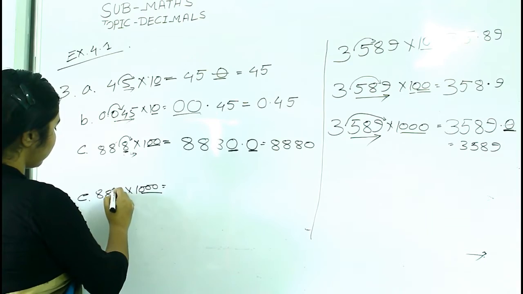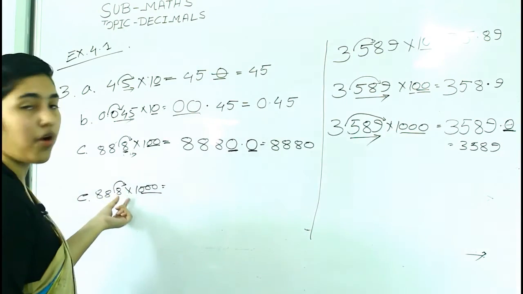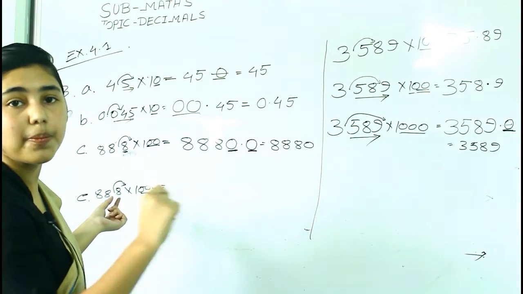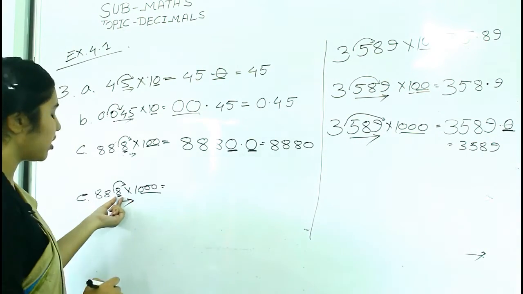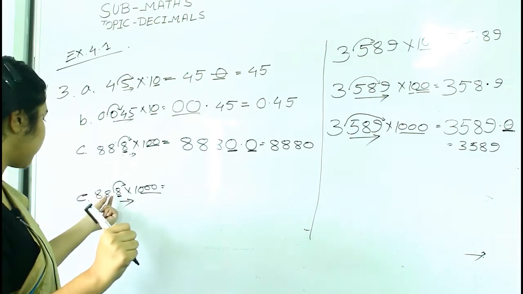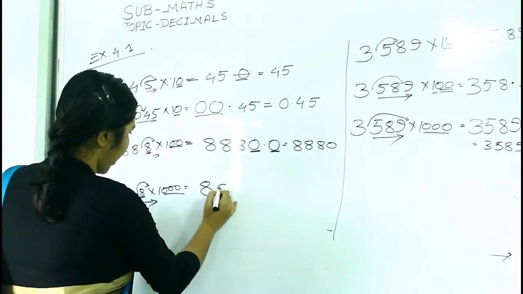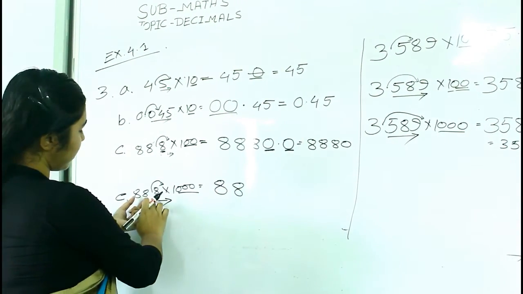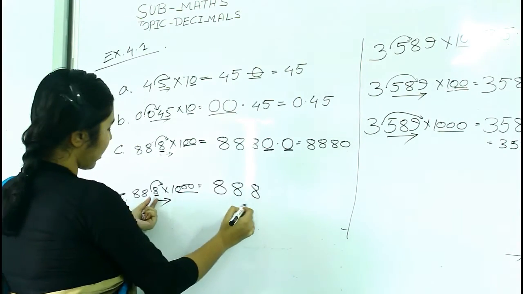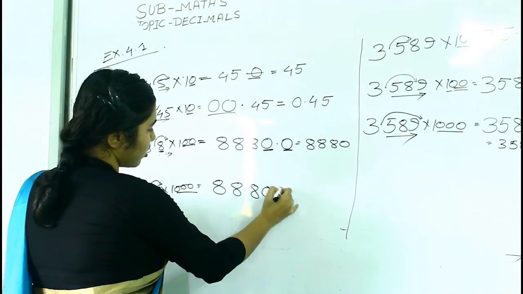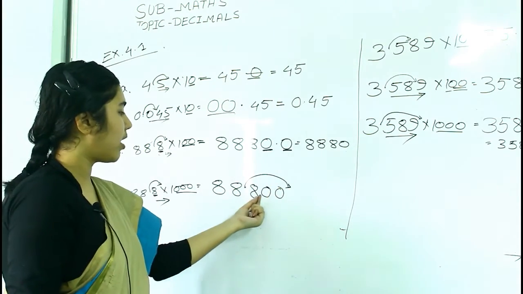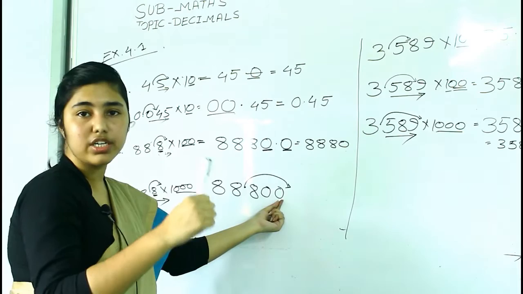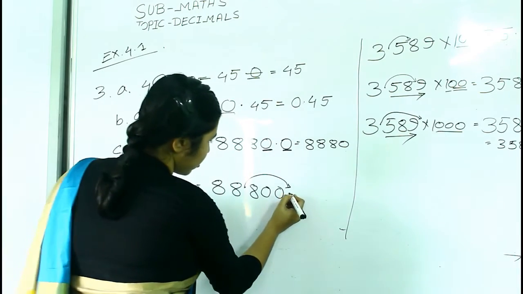So we have to shift this point 3 decimal places to the right. But again here we have only 1 digit after this decimal point. So write the whole number part 88, then 8 and consider 2 zeros because we have to shift this point 1, 2, 3 decimal places.